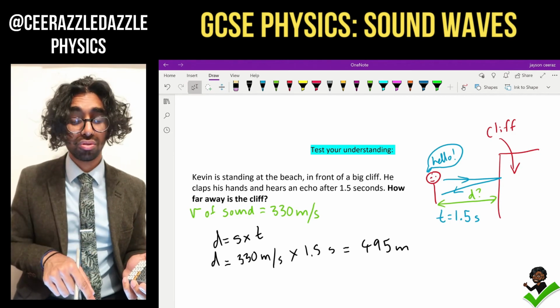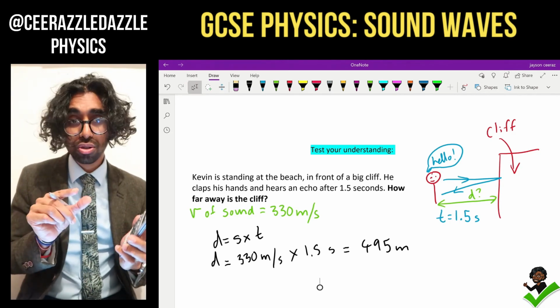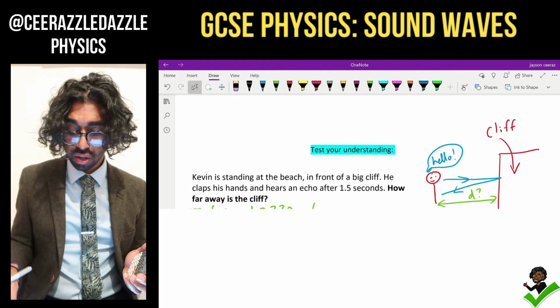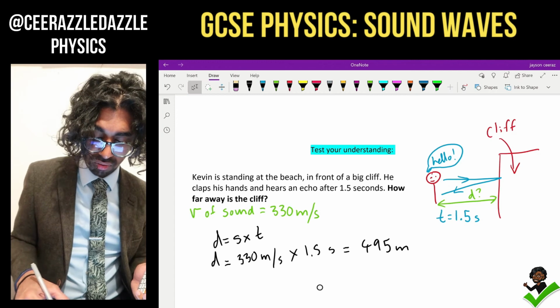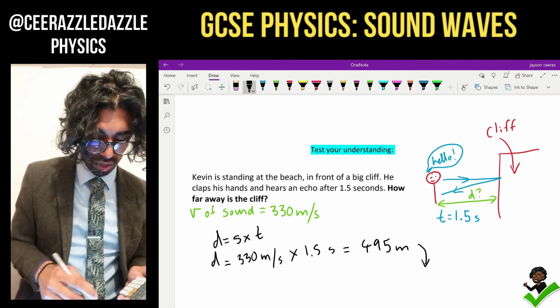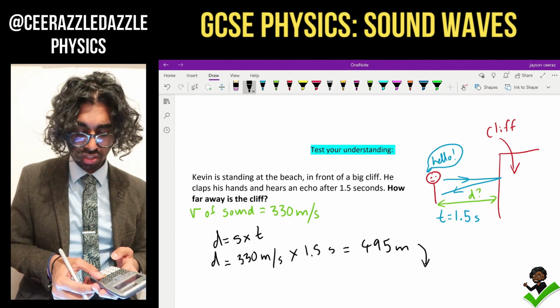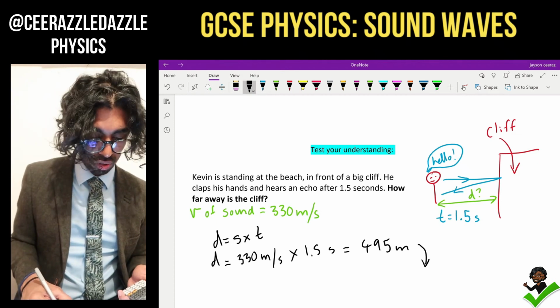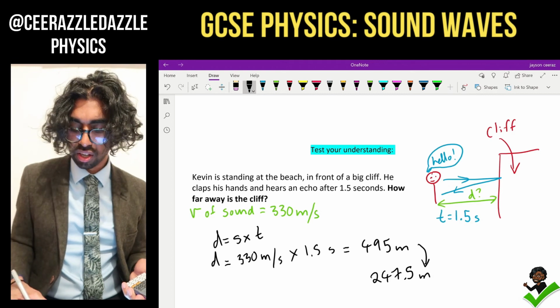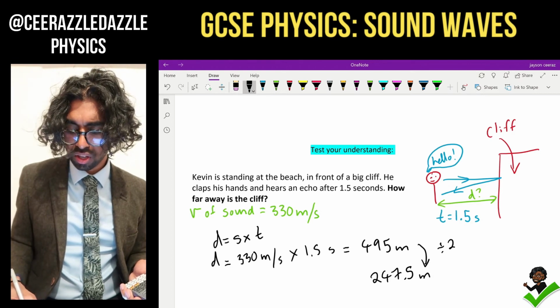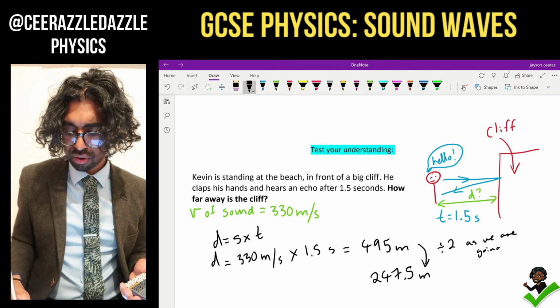So to work out the actual distance to the actual thing, all we've got to do is divide it by 2. So this divided by 2 is going to be the distance, so 247.5 meters is the answer. So I need to divide by 2 as we are going there and back.